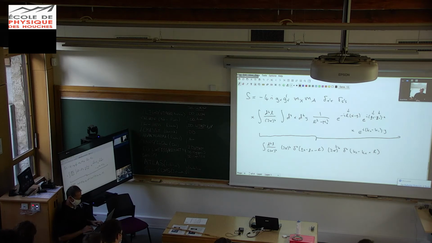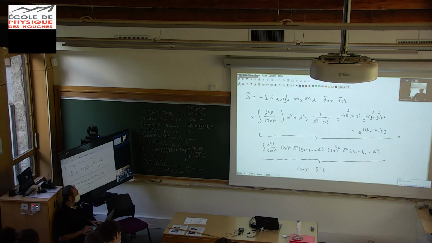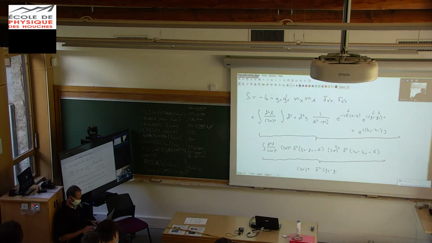And now you see the momentum integration is also trivial because we can just use it to eliminate one of the delta functions. So that, again, just gives 2 pi to the 4. And then that just gives us the momentum conservation. So delta 4 of pi 2 plus k2 minus pi 1 minus k1.